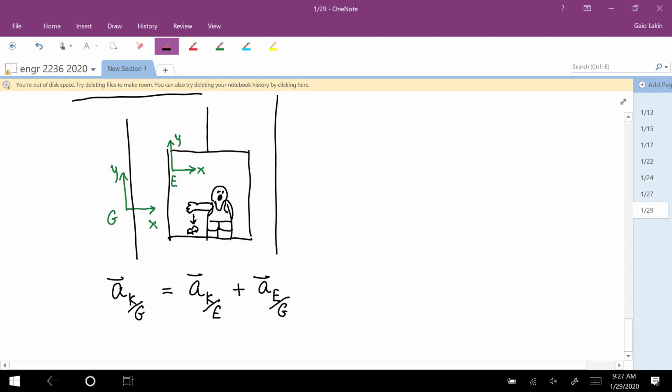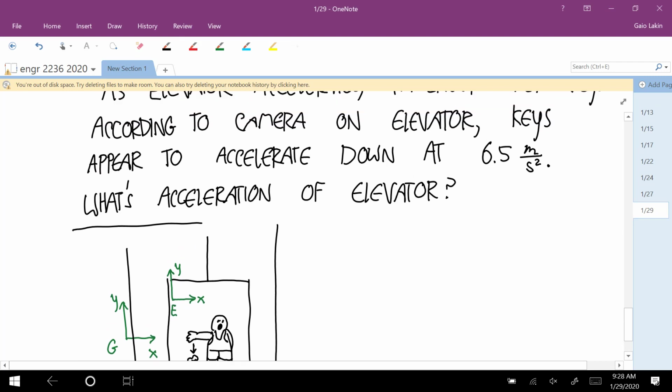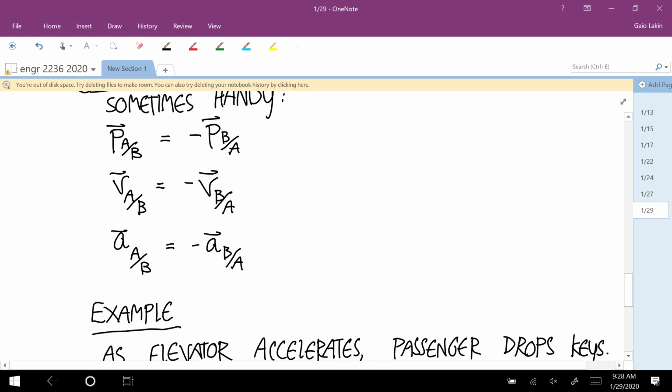And if you set it up as the term that's by itself is the motion of the object relative to the ground, it works out pretty easily. But otherwise, you can also just set it up with the left side having the variable you're trying to find, set it up with whatever crazy combinations you need to make the fraction multiplication work, and then just use these to flip the subscripts to make sense out of it.